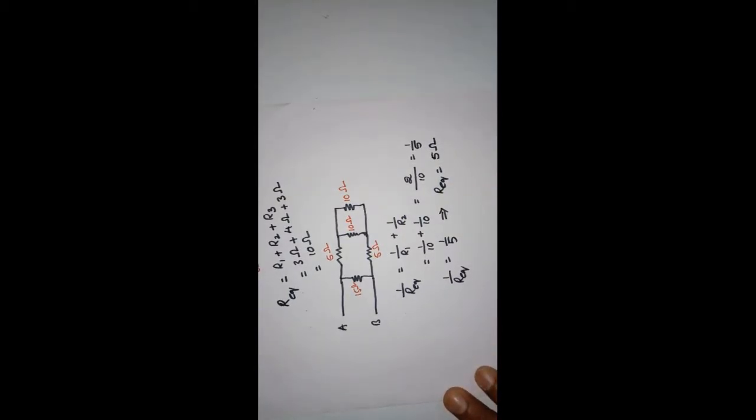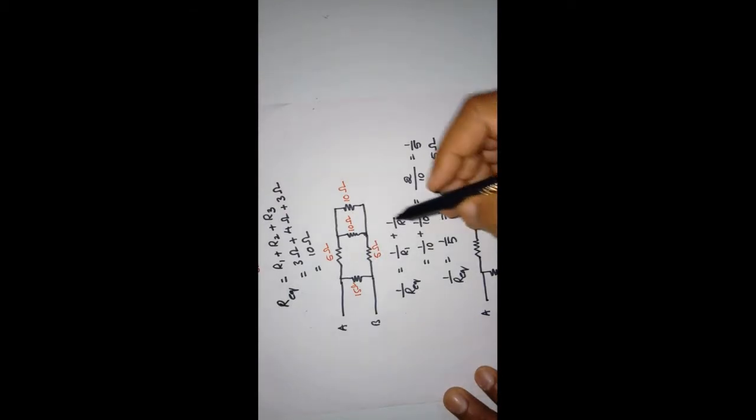So the circuit again changes like this. This is the point A and this is the point B. This resistance remains the same as before, and this resistance also remains the same, and this one also the same, and this value becomes 5 ohms.